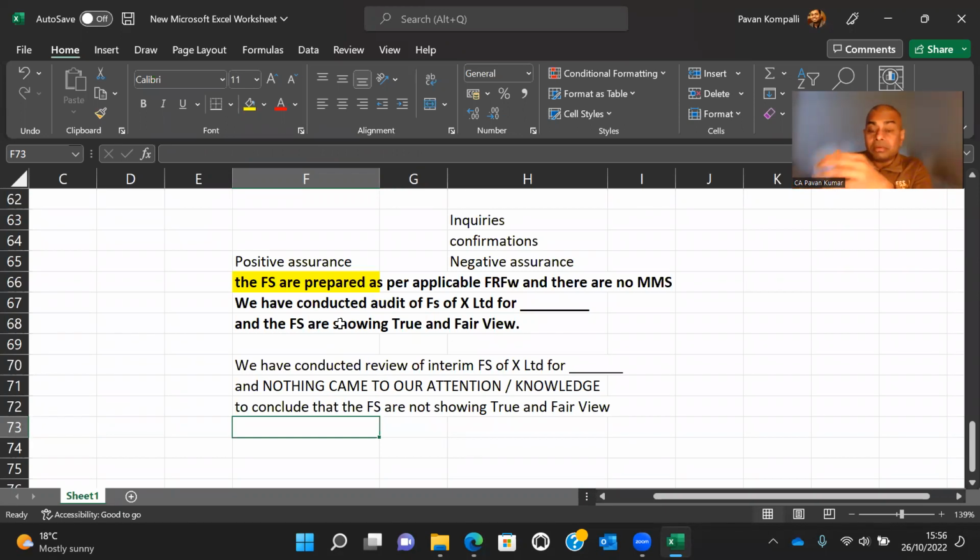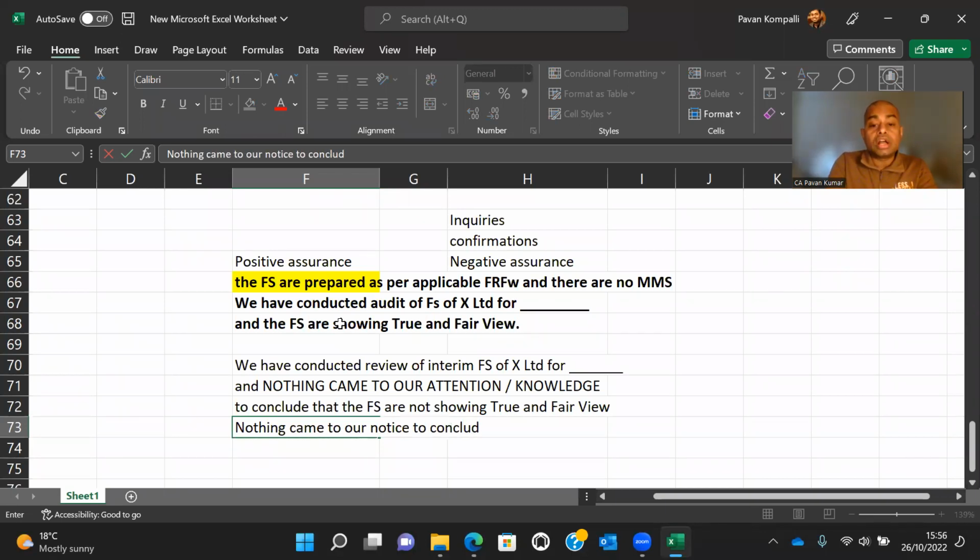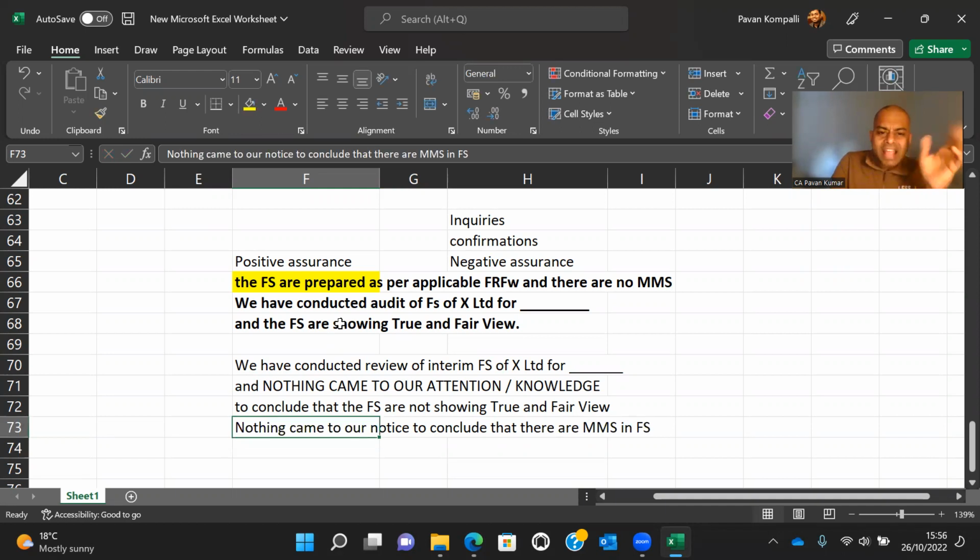Nothing came to our attention to conclude that there are material misstatements in financial statements. So don't you think this language is negative?